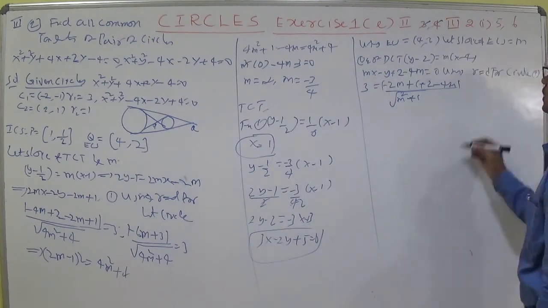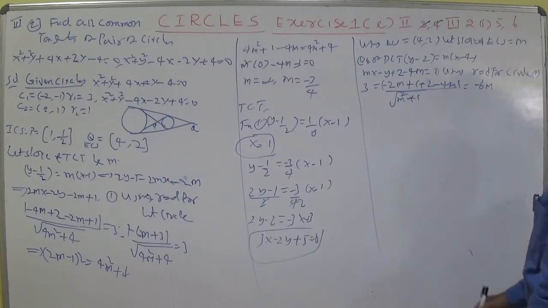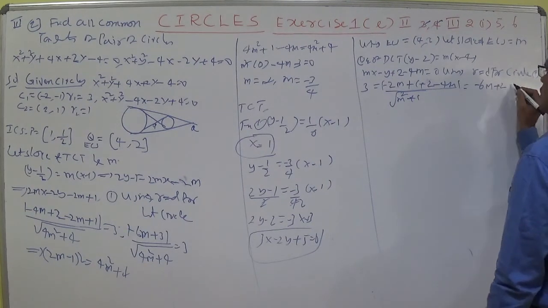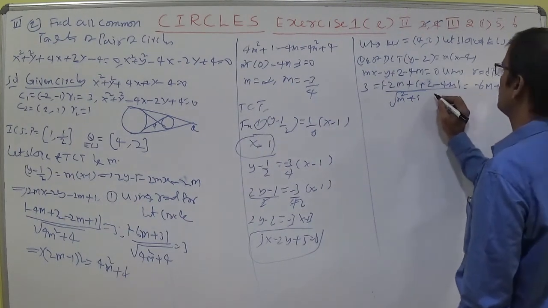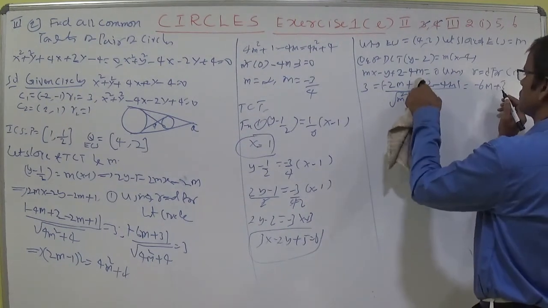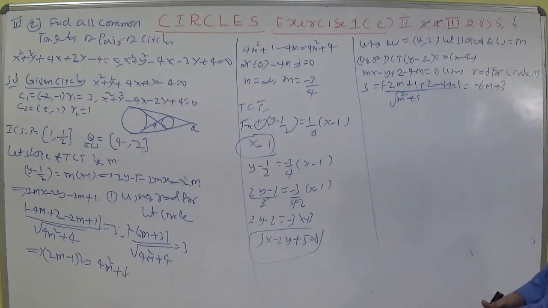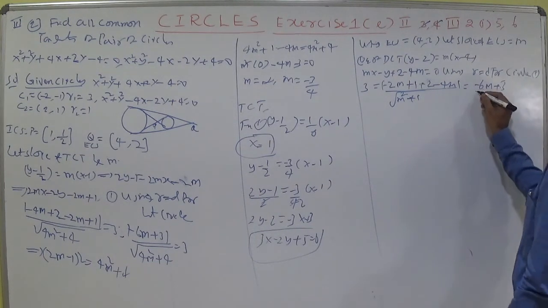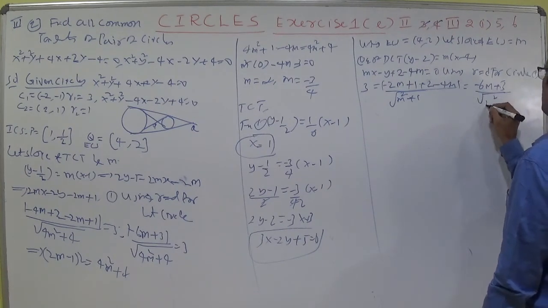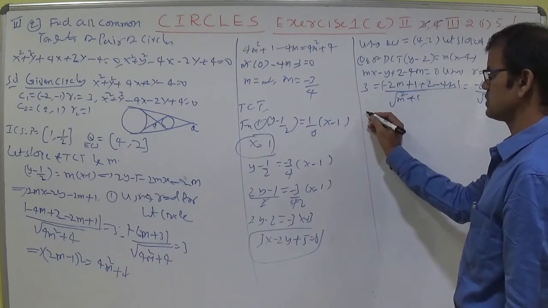Here minus 2m minus 4m becomes minus 6m, plus 2 plus 2 plus 3, that's all. It is 1 by root of m square plus 1. So here 3 and 3 will be getting cancelled.